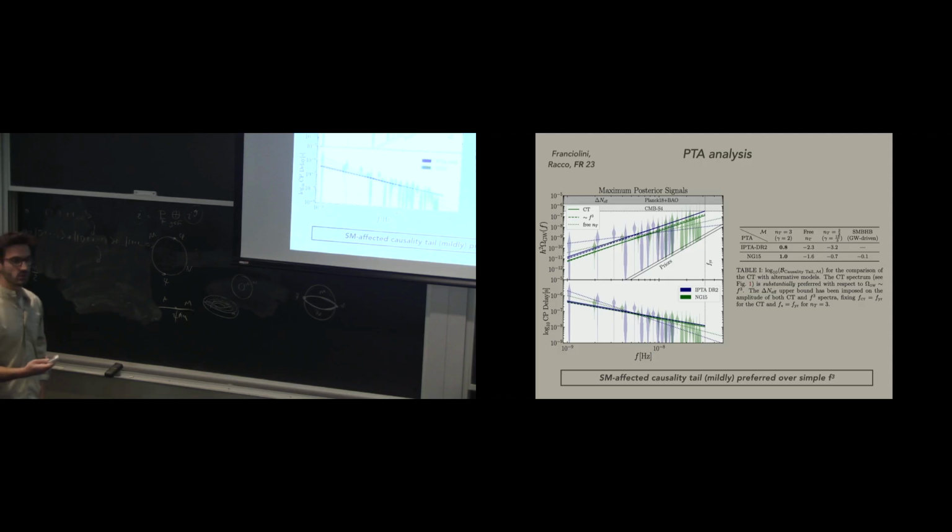That's not particularly large, but according to some Jeffreys scale it's considered substantially preferred. Again, it tells you that in principle the data is able to distinguish between these two models, which is what we hoped we could conclude.